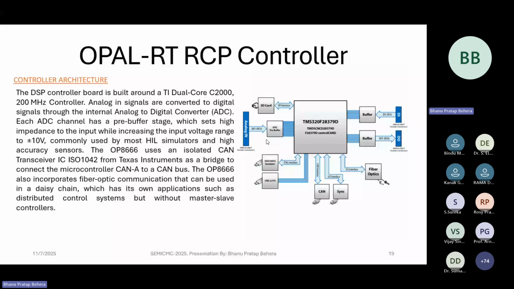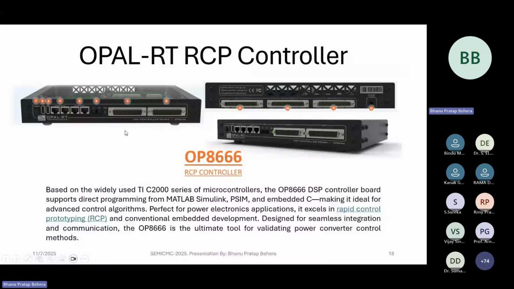So then you need some extra circuitry to use the real-time simulator and this C2000 together. But if you are using this RCP controller, then the output of the C2000 will directly come at a level of 15 volt, and it will come to the real-time targets.